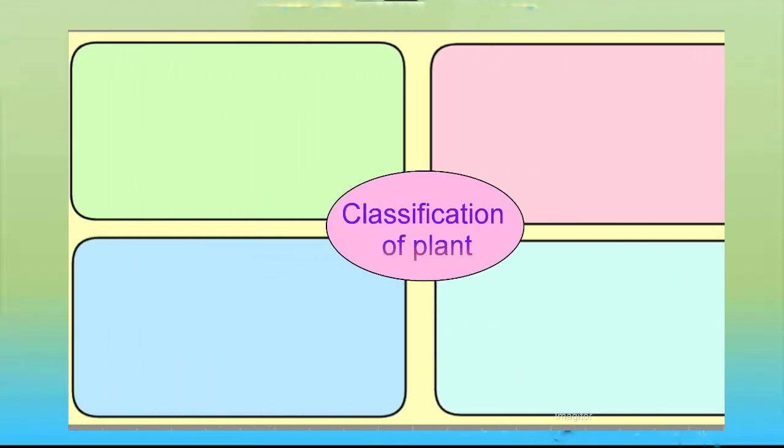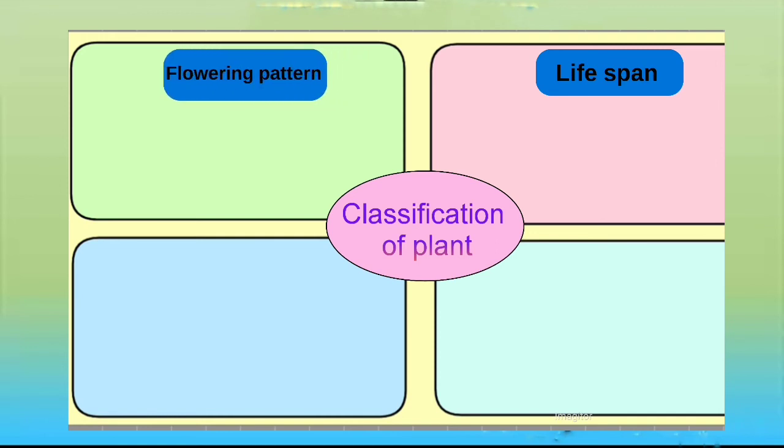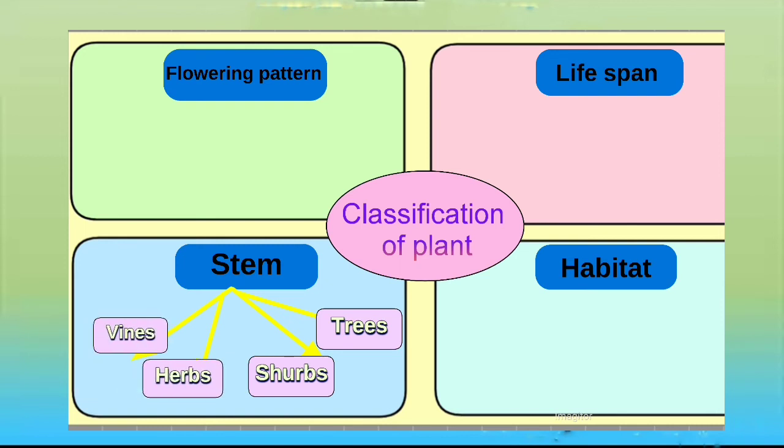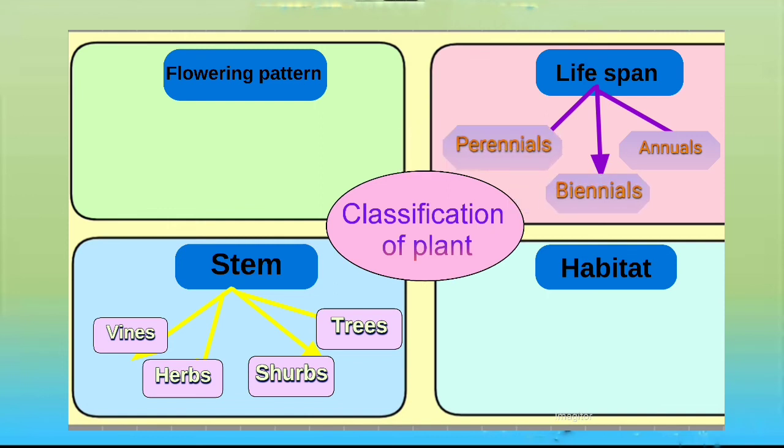So, today we have classified plants into four groups on the basis of lifespan, flowering pattern, habitat, and stem. According to stem, plants are classified into four classes: trees, shrubs, herbs, and vines. Based on lifespan, plants are classified into three classes: annuals, biennials, and perennials.